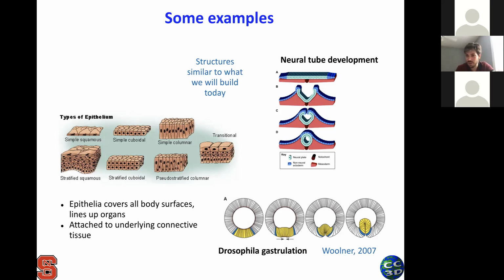On that one, you have many folding events going on here. Or something a little bit simpler, which is Drosophila gastrulation, where the cells of the ventral mesoderm apically enrich the actomyosin network, and that leads to contraction of that side and furrow formation and further invagination of those tissues.